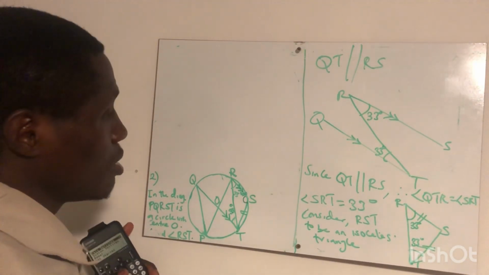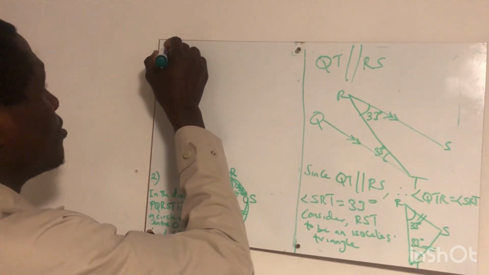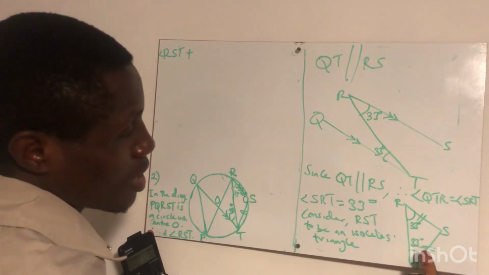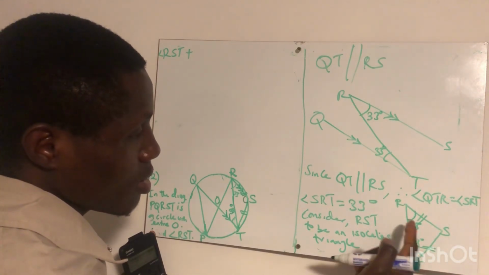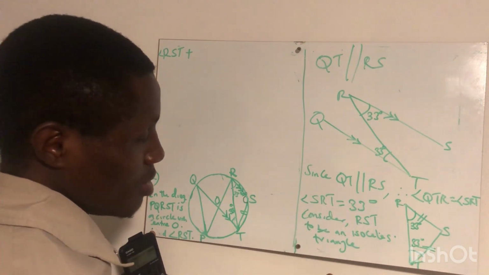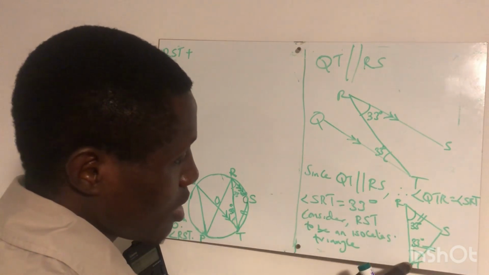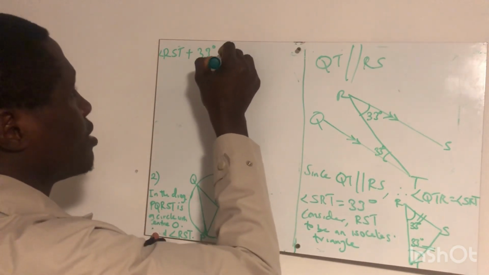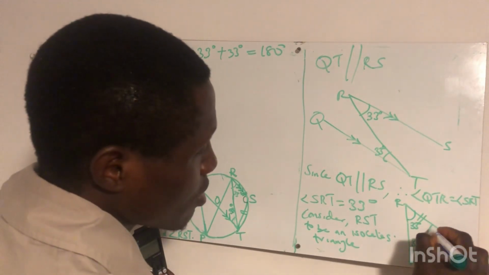So if this is an isosceles triangle, we can easily get our angle RST that we have to find. So angle RST plus angle SRT, which is 33 degrees, plus another angle here, 33 degrees, equals 180. Why am I adding? Because I'm trying to look for this.